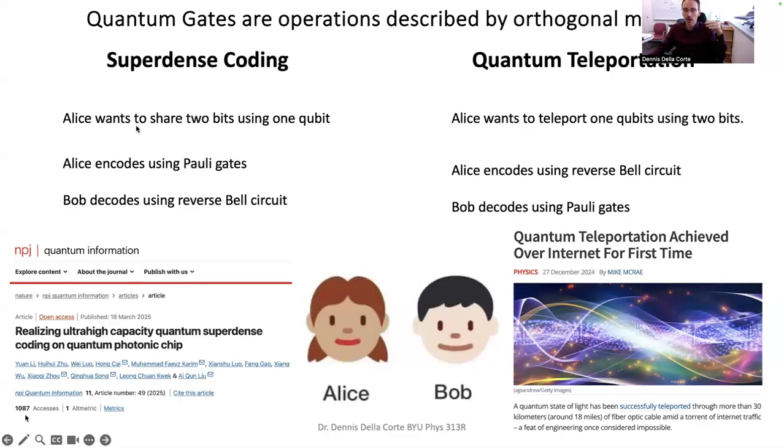The basic idea behind it was that they use a smart combination of encoding gates and decoding circuits, where we learned about the 3 basic Pauli gates that are used by Alice to encode the 2 bits. Then Bob receives a qubit that he can run through a reverse Bell circuit, which allowed him to say clearly which combination of 2 bits was sent to him.